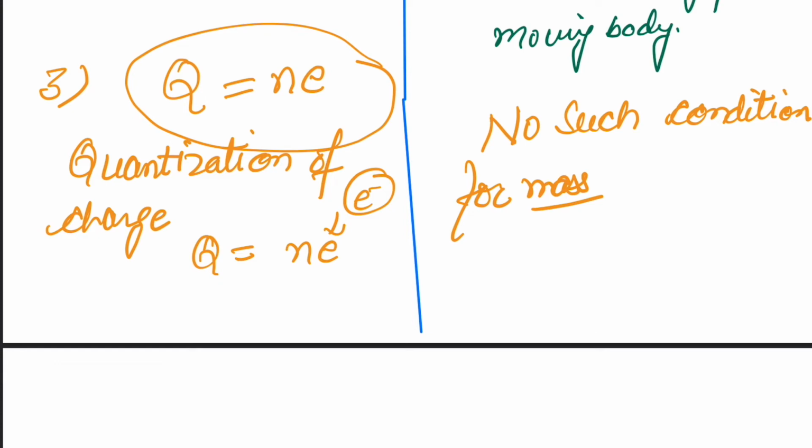Mass can have any value. It is not required that the mass should be quantized. Mass can have any value. They can have integral values, they can have fractional values. There is no limitation for the value of mass. No fixed restriction is there.